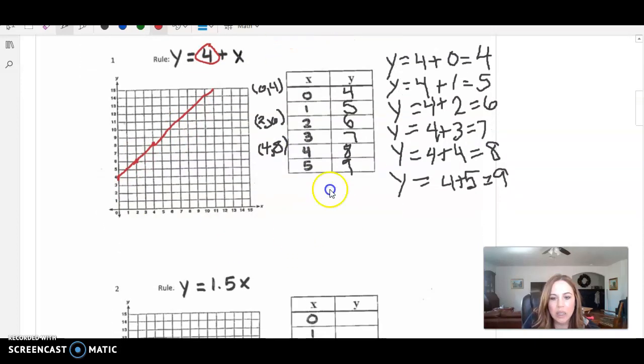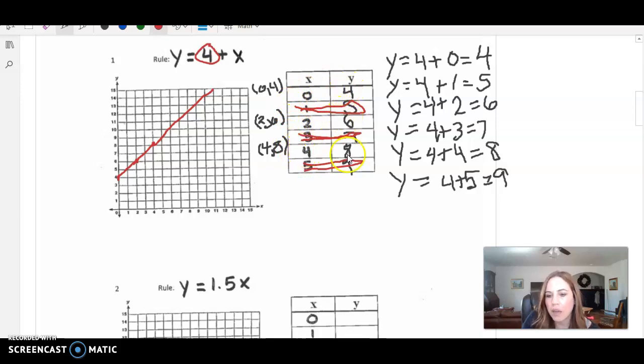And then another thing to notice about our additive pattern is when our x values increase by 1, the exact same thing happens to our y values. Well, what happens if we took out all of these in the middle and we said our x values increased by 2? 0, 2, 4.